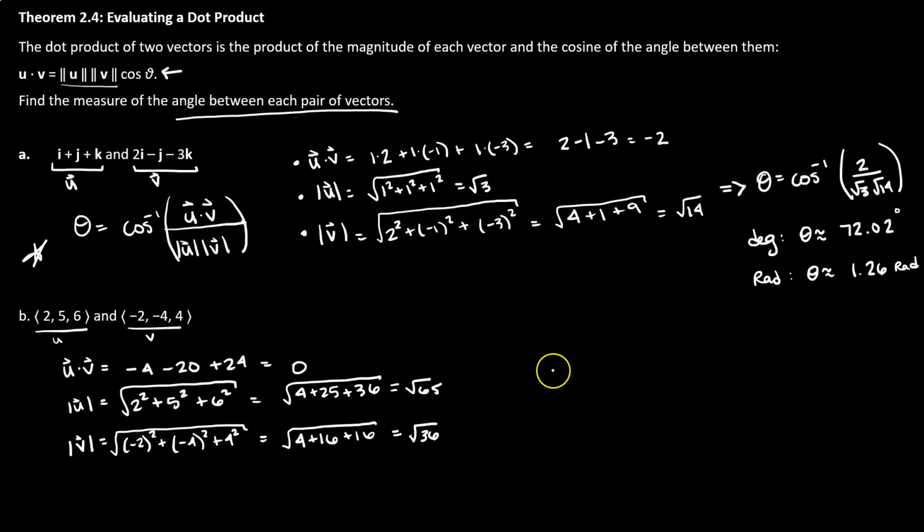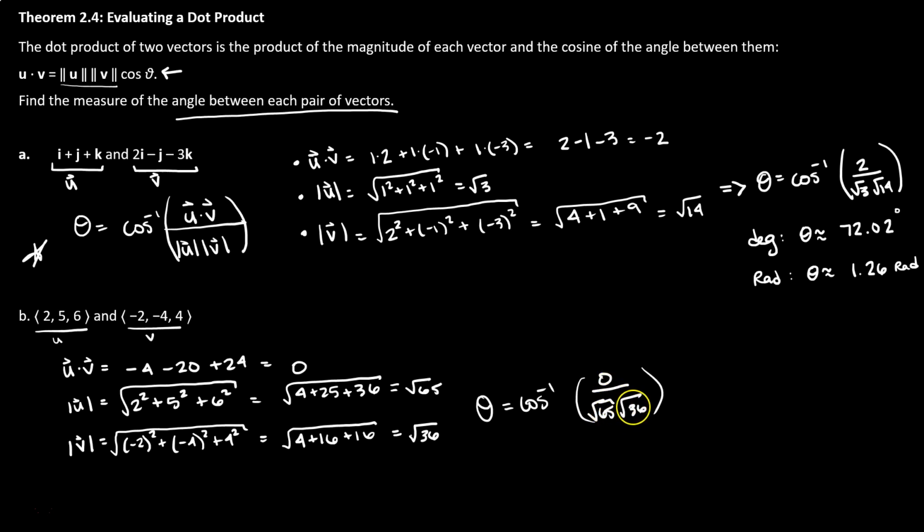Plug all three of these values that we just found into the ratio for cosine inverse. Now we should probably simplify this ratio before typing it into a calculator because it's unnecessary.